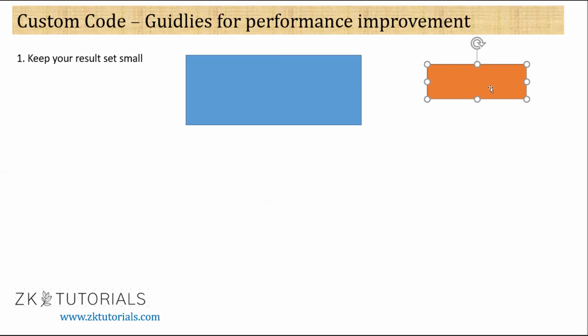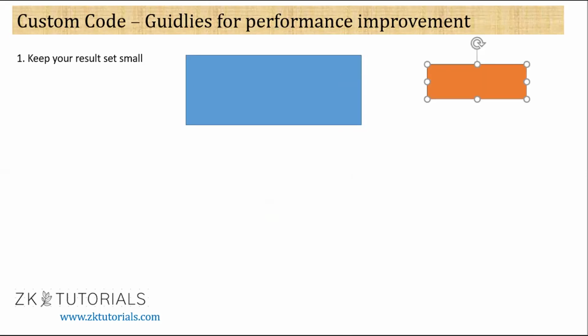You are not compromising on the result, but you keep your result set small. It should not be so small that the output is not readable or acceptable to the end user, because then there is no use in the performance gain. So keep your data set small as per the requirement.